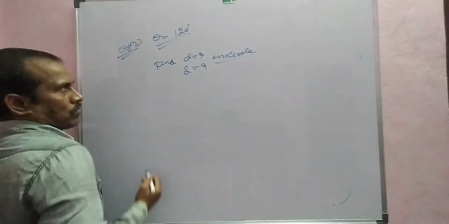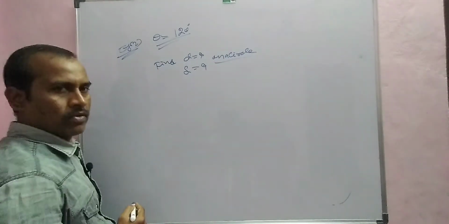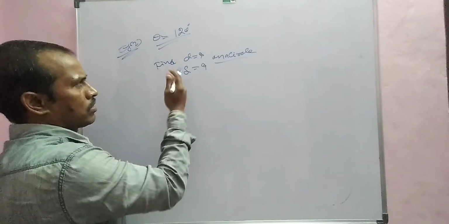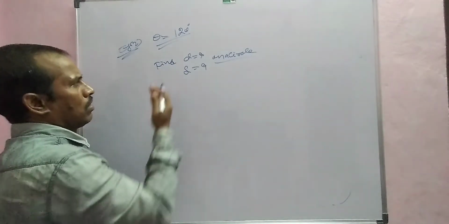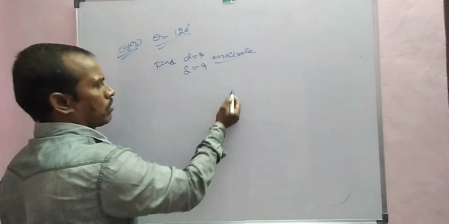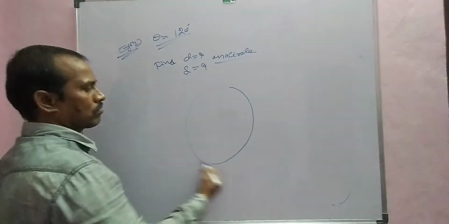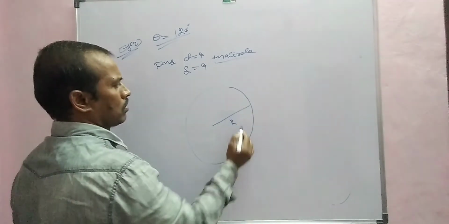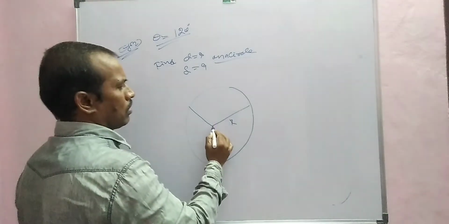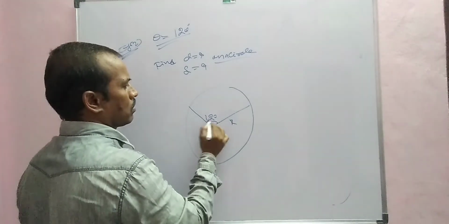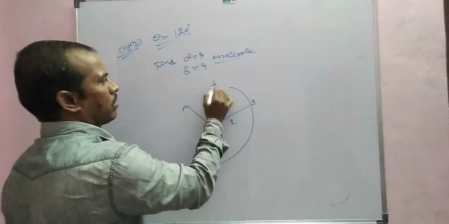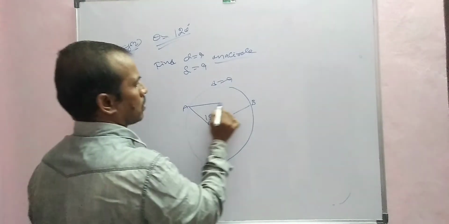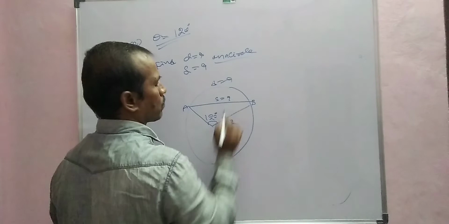How do we calculate the distance and displacement of the person? First of all, draw the circle with radius r and the angle subtended of 120 degrees, with points A and B.